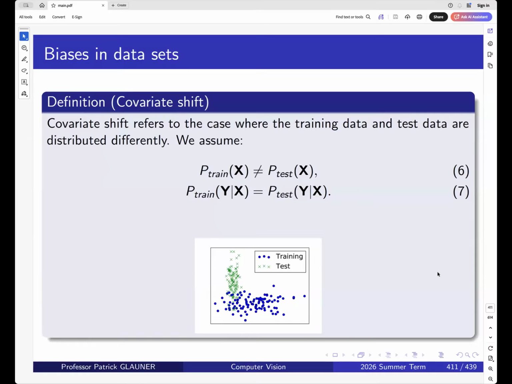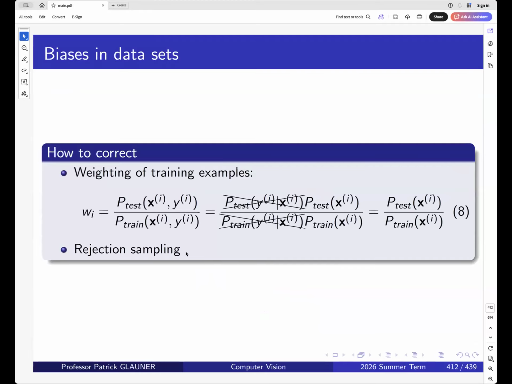Covariate shift comes with these two assumptions, and we would calculate our weight again as before, where we say the probability of this appearing in the test distribution divided by the probability of this appearing in the training distribution.